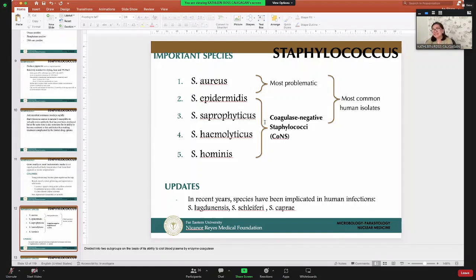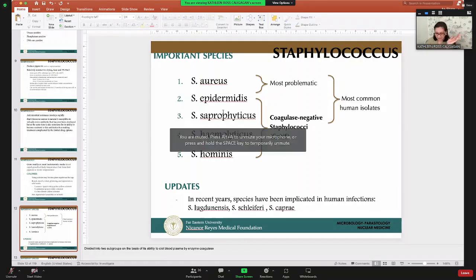Of all of these, the most common staph pathogen and the most problematic species is Staphylococcus aureus. As you can see here, it's singled out.